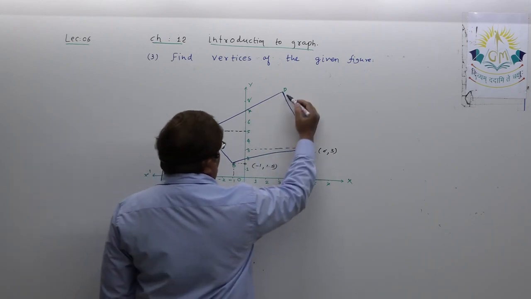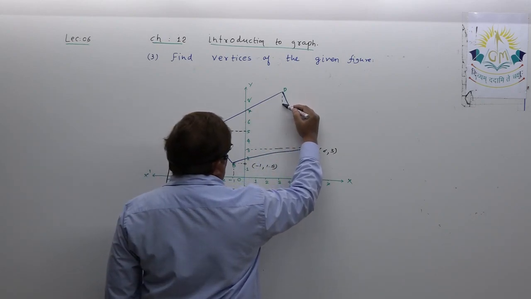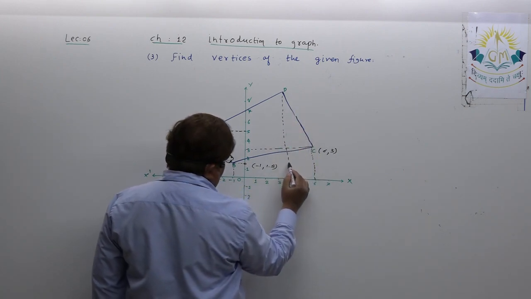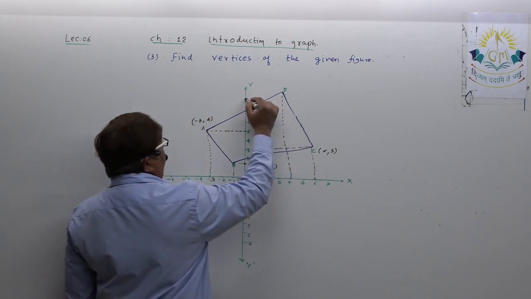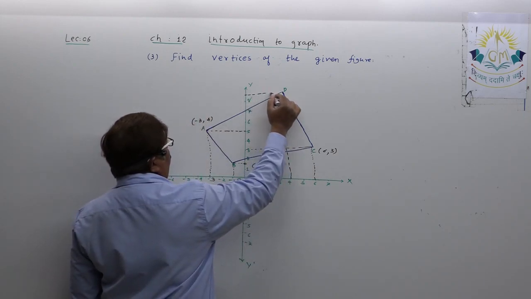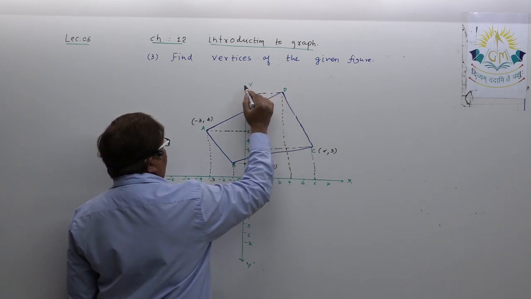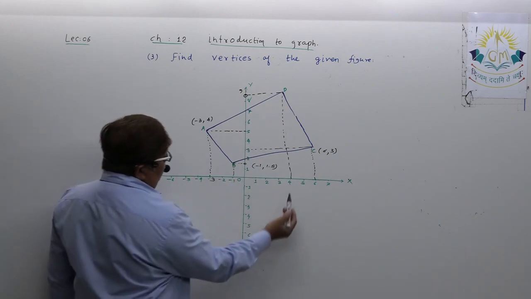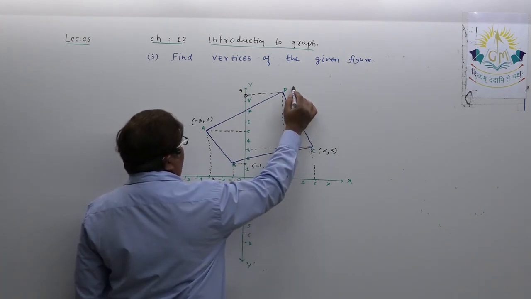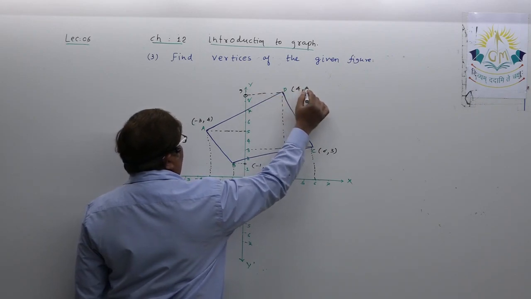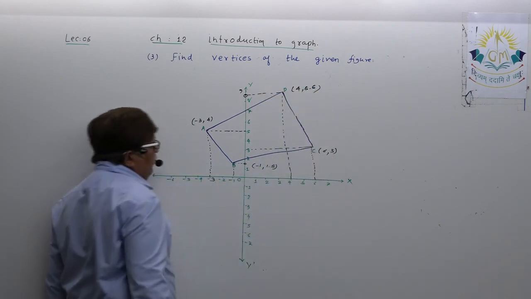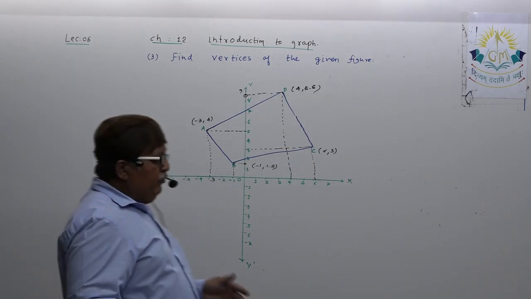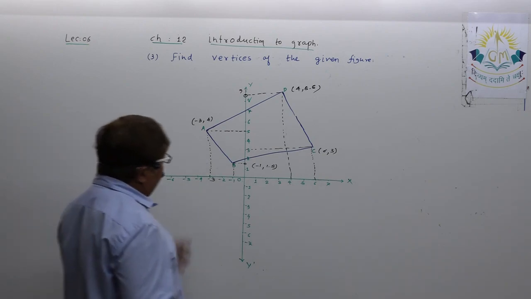First, a straight line to meet on the x-axis and a straight line to meet on the y-axis. Understand, suppose here I take 9, between 8 and 9. So x coordinate you read from here 4 and y coordinate 8.5. So this way, dear student, you can also guess the coordinates of the vertices.